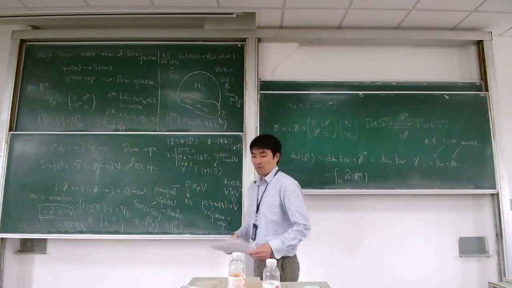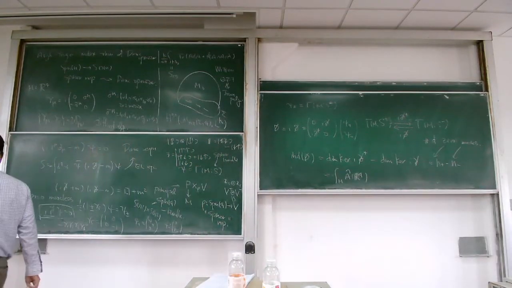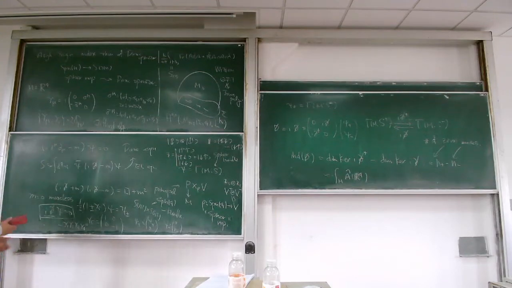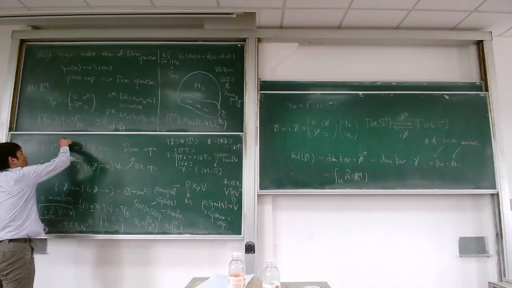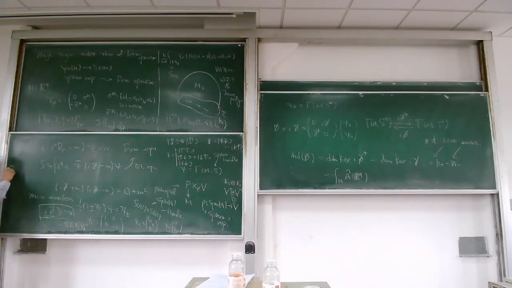But it's going to be a bit more interesting when you couple a gauge field. When you couple a gauge field, everything becomes a covariant derivative. D mu is partial mu minus i A mu, or maybe plus in my lecture. It's a covariant derivative, where A mu is the gauge field.